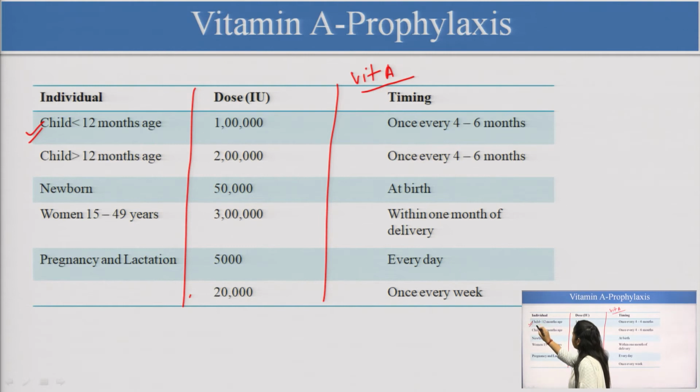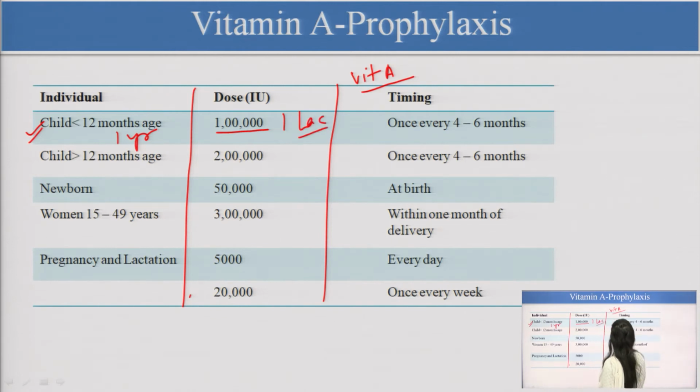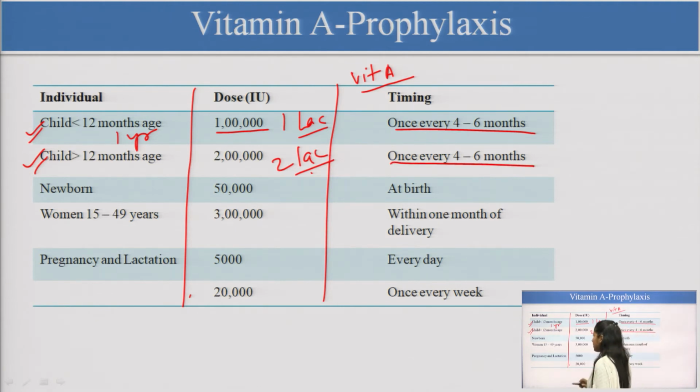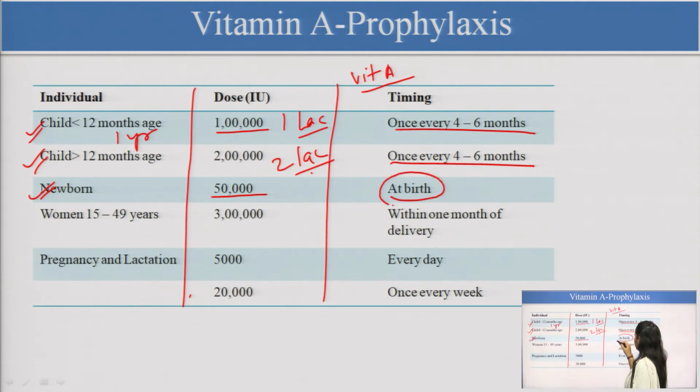The children who are less than 12 months of age, meaning 1 year, will be given 1 lakh international units once every 4 to 6 months. For children who are more than 12 months, we will provide 2 lakh international units, once every 4 to 6 months. In newborns, we will provide 50,000 international units at birth. Okay, so these points we should note.